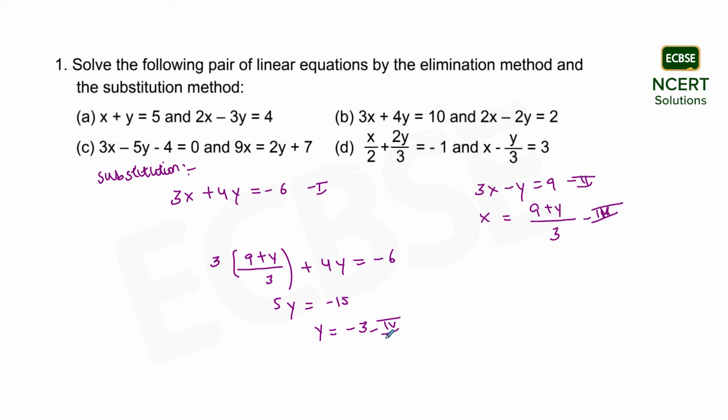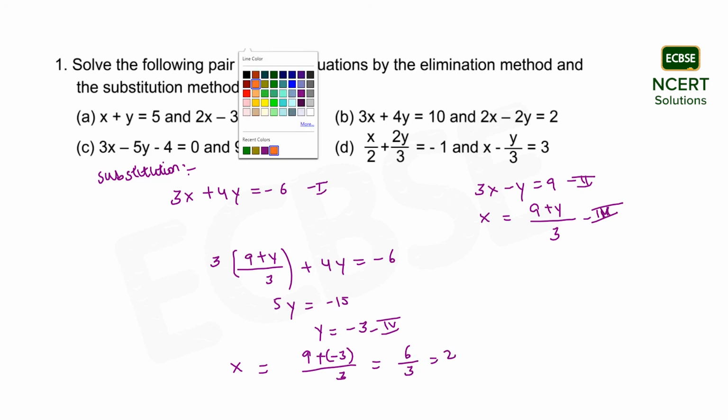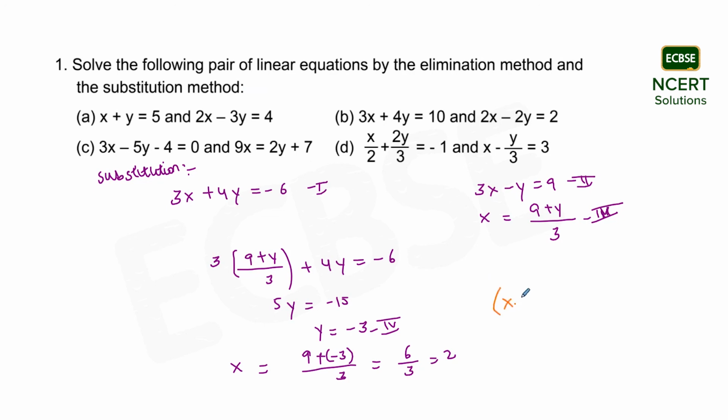Now substitute the value of y in the third equation. So x will be equal to 9 plus minus 3 divided by 3, which is 6 divided by 3, which comes out to be equal to 2. So from here x comma y is equal to 2 comma minus 3.